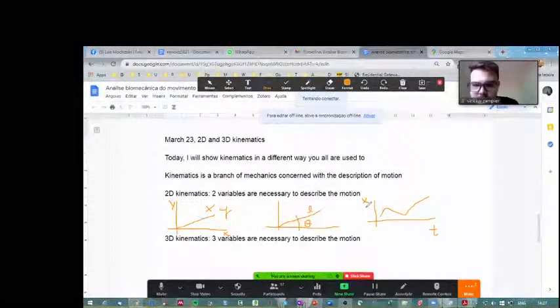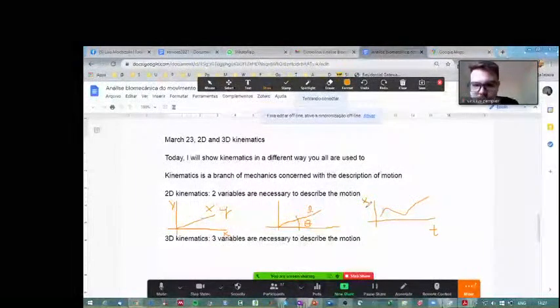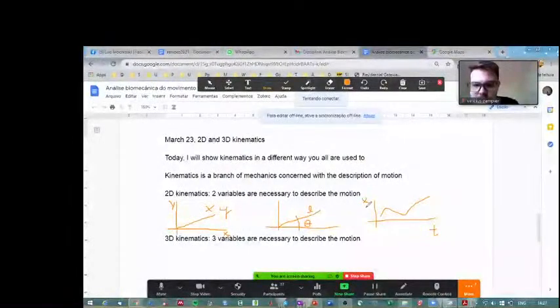So 2D means I need two variables to describe, two dimensions. The idea of dimension is how many variables you need to do something. In many cases, if you have more variables, then you have a system that is more complex, but it's not always right.